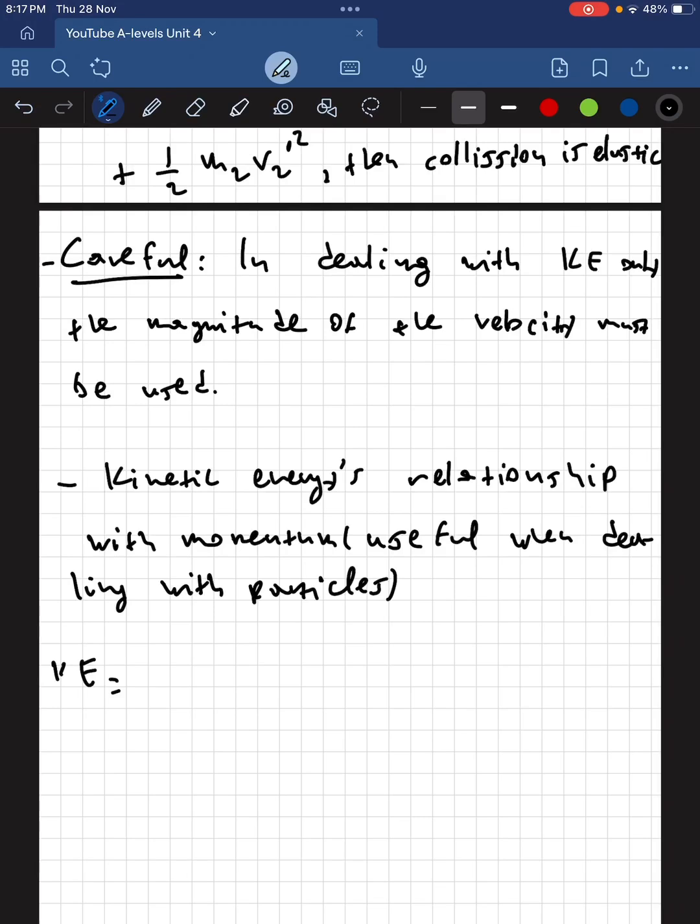So the kinetic energy is 1/2 mv squared. This is what we usually use. We can also write it as 1/2 m squared v squared over m, right? If I delete the square and the mass in the denominator, I get back 1/2 mv squared.